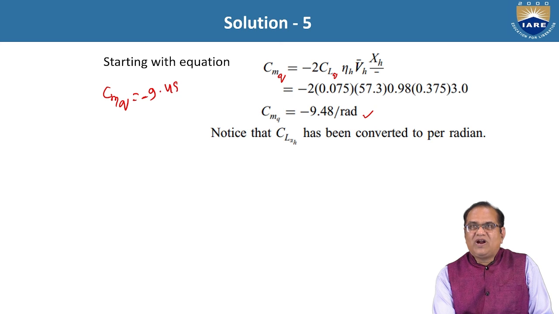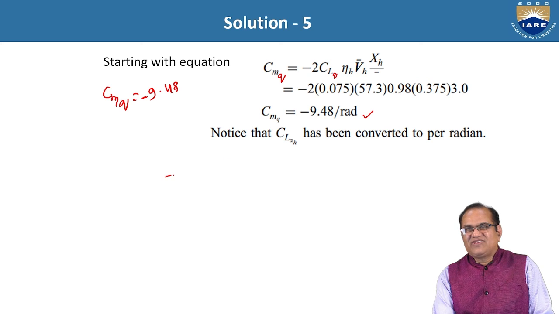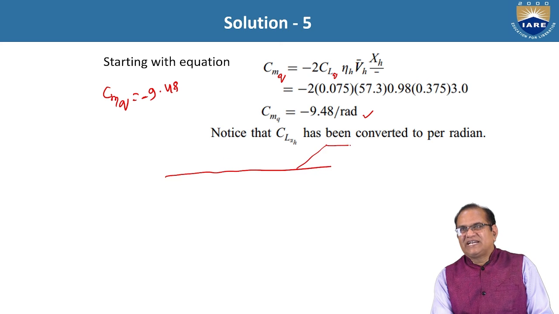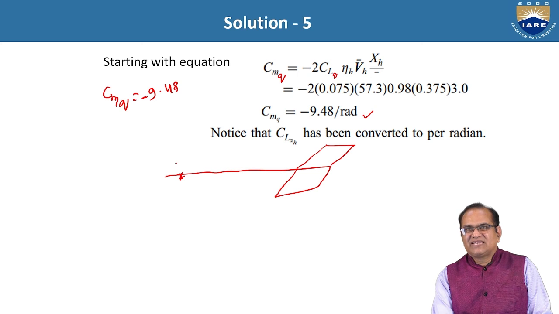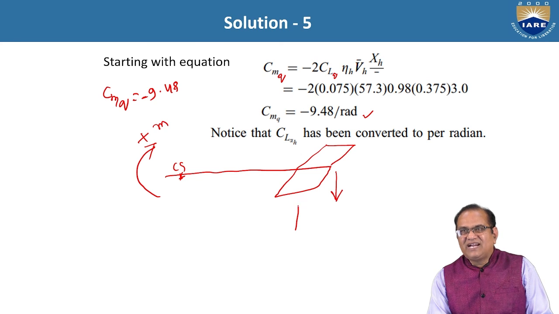So what is the meaning of this CMQ? Okay, so just I will put here this tail. This is the CG. If you are going nose up, positive M, if you give, this will go down, wing will go down, the resultant velocity will go up.